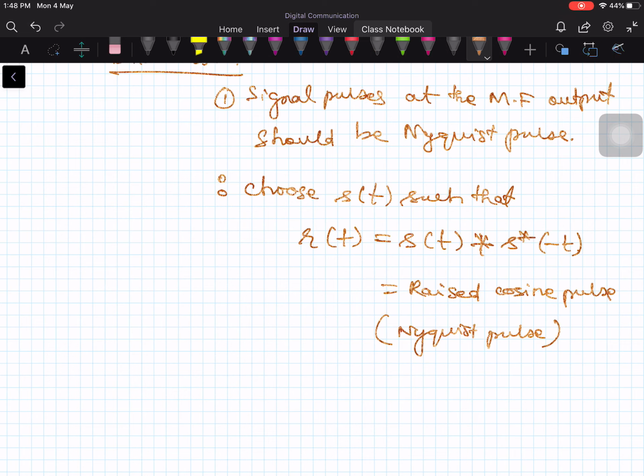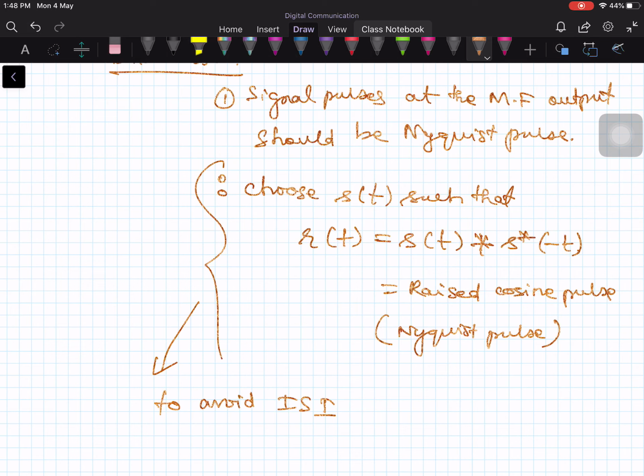Why do we need this condition? To avoid inter-symbol interference. The signal pulses at the output of the matched filter must not exhibit inter-symbol interference. So the signal should be designed in this scheme such that the output of the matched filter does not interfere with other symbol intervals, but peaks at every bit interval, every symbol interval, or every T seconds.